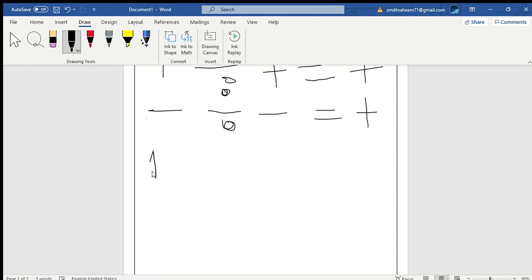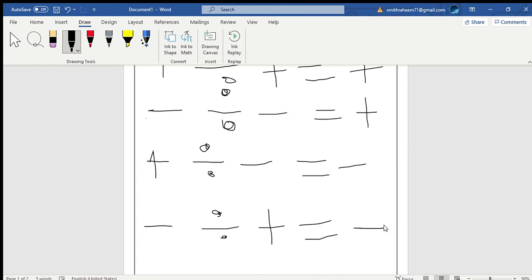And this one says that a positive divided by a negative, your answer will equal a negative. And the last one will be a negative divided by a positive, your answer will equal a negative.